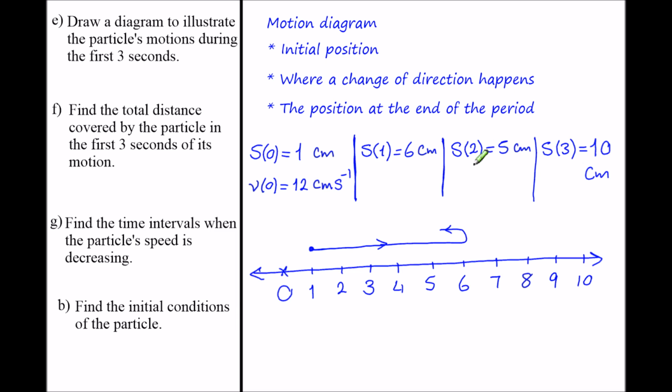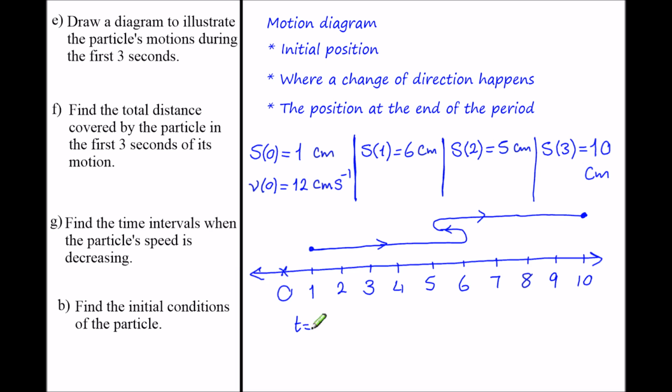And then at t equals 2, when the object was at 5 centimeters to the right of the origin, another change of direction happened. And then after 3 seconds, the object reached 10 centimeters to the right of the origin, and that's where it ended at the end of the 3-second period.